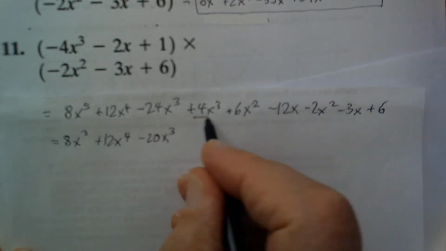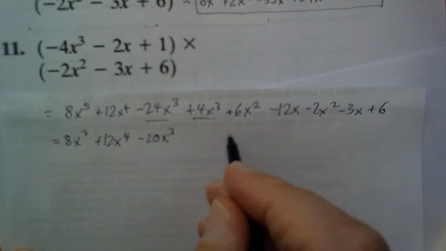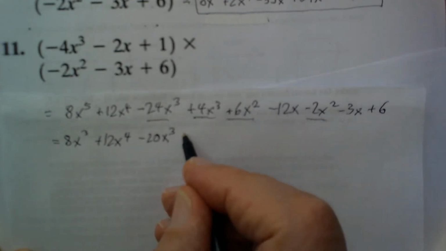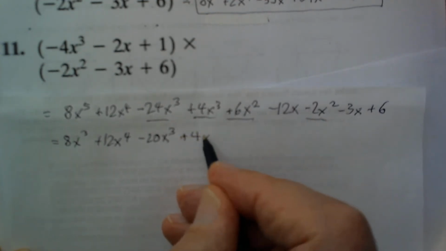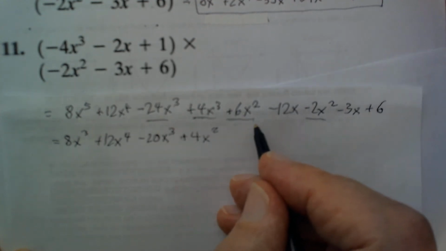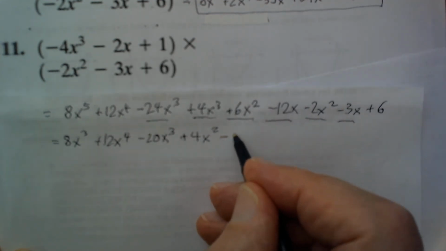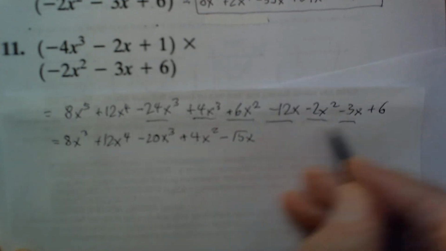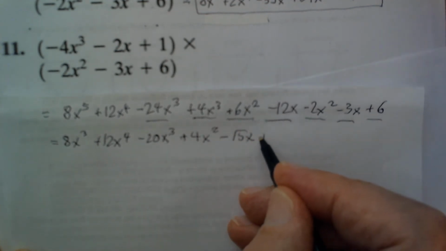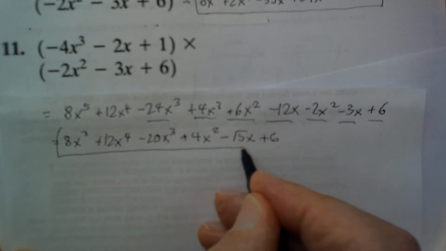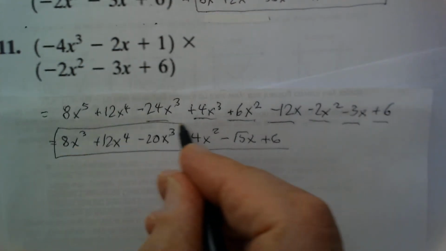So that's the x to the thirds. And then the 6x squared minus 2x squared is 4x squared. And minus 12x minus 3x is minus 15x, and then there's our constant 6. So this then is the answer to the problem.